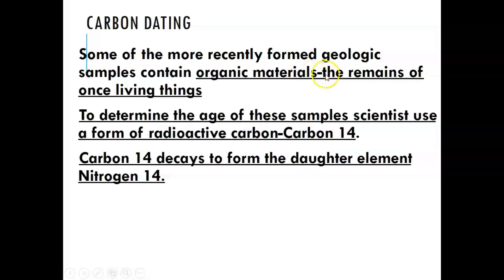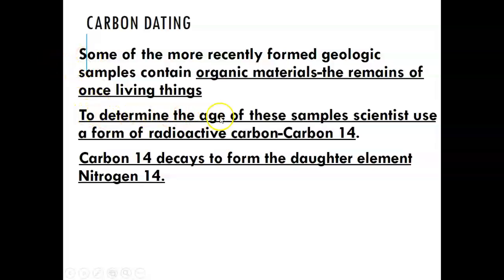Organic materials are the remains of once-living things, and that can be coal, or an actual fossil. I showed you a video last week of the frozen dog. There have been several other organisms found like that, kind of capsules in time, that are made up of carbon.